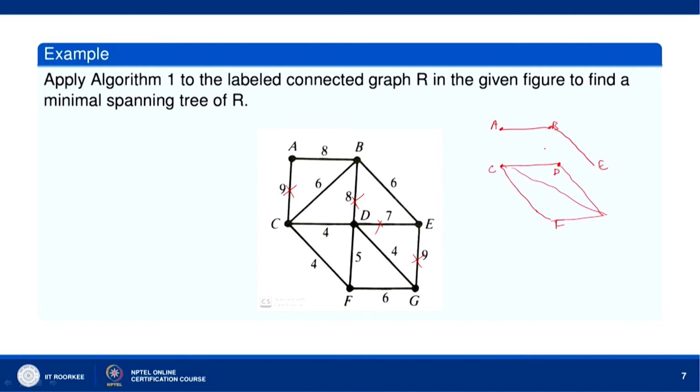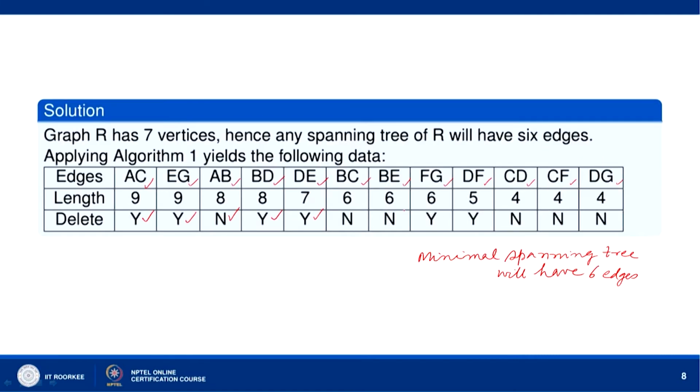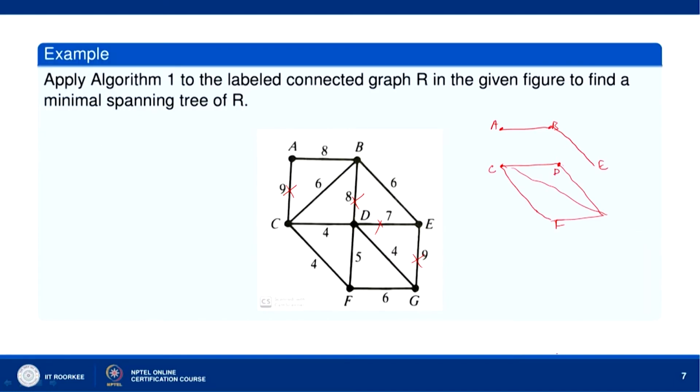Can BE be deleted? If you delete BE, again the graph will become disconnected, because E will become an isolated vertex.